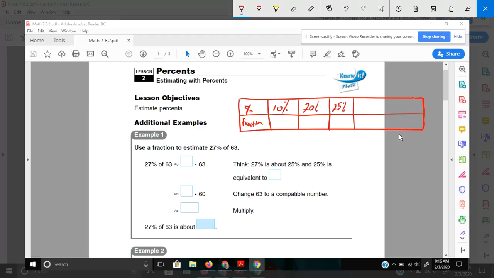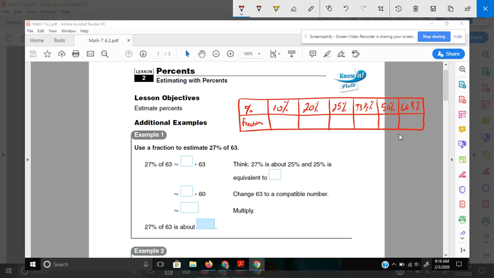If you look by the back left window in the classroom, there's a common fraction and decimal equivalent chart as well that you can reference from time to time. But I think this one would be helpful to have down in your notes as well. So why don't you follow along and put this in your notes. Again, I think you'll find yourself referencing it from time to time. Okay, so here's some common percents with their equivalent fractions.